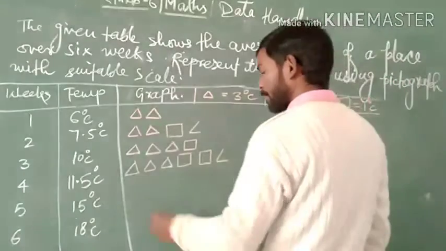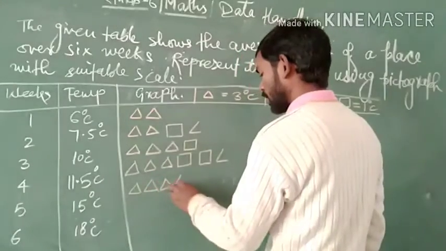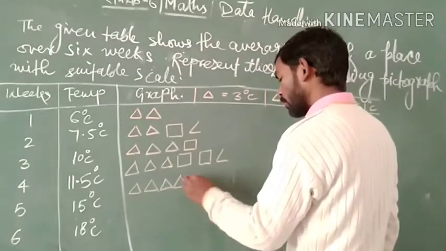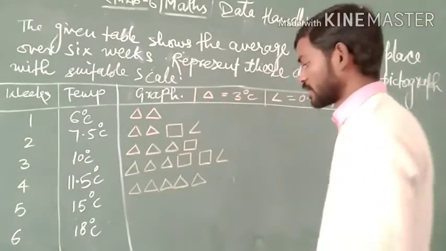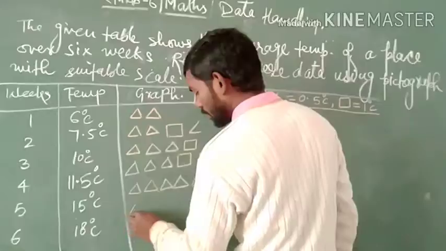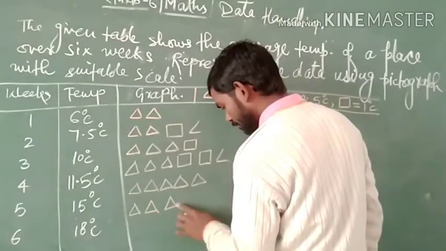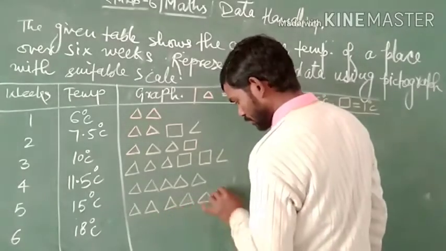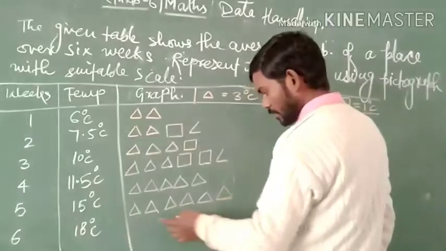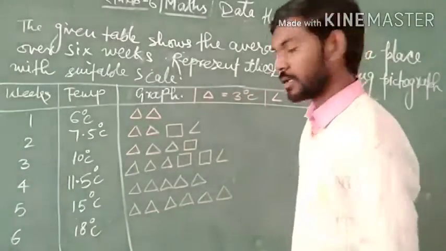For the next, that is 15, we draw only 5 triangles, and these 5 triangles will represent 15 degrees centigrade. Similarly for 18, we draw 6 triangles: 1, 2, 3, 4, 5, 6. 6 times 3 is 18.